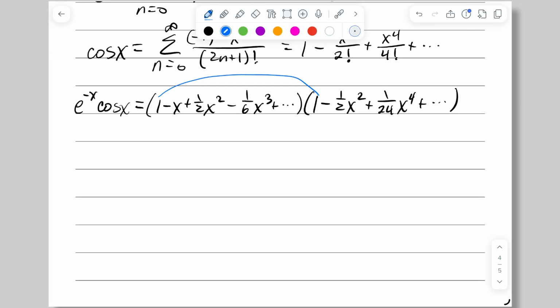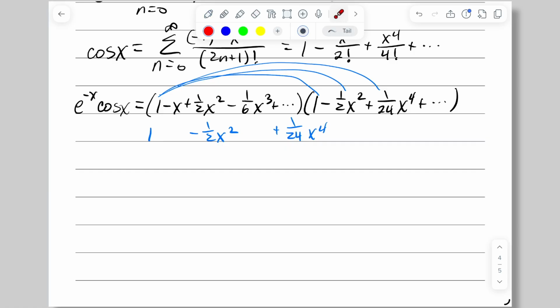1 times 1 is 1. 1 times negative 1/2 x squared is negative 1/2 x squared. Then we have plus 1 over 24 x to the 4th. And I've exhausted all of the terms that I've written down multiplying by 1.